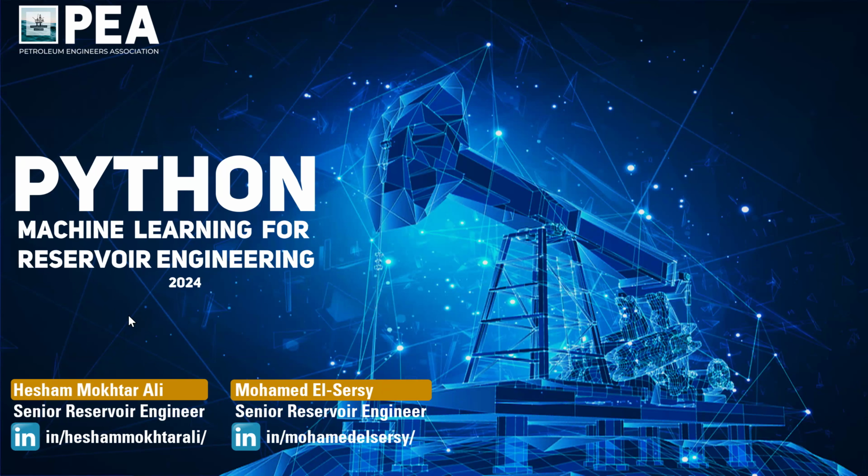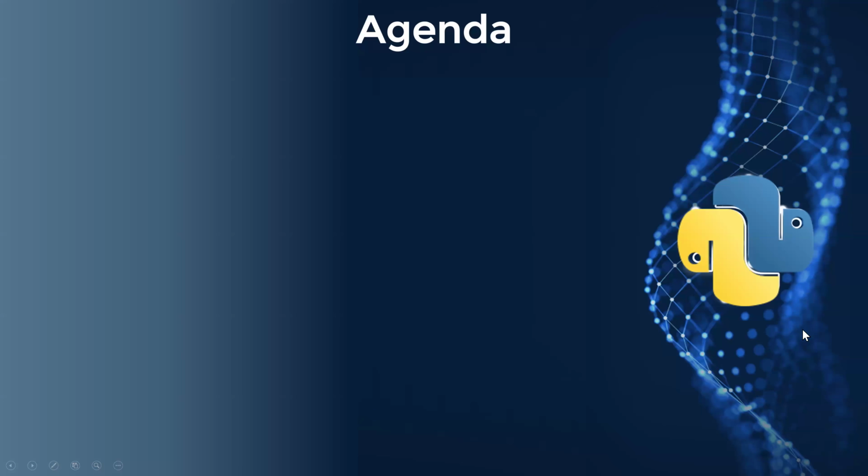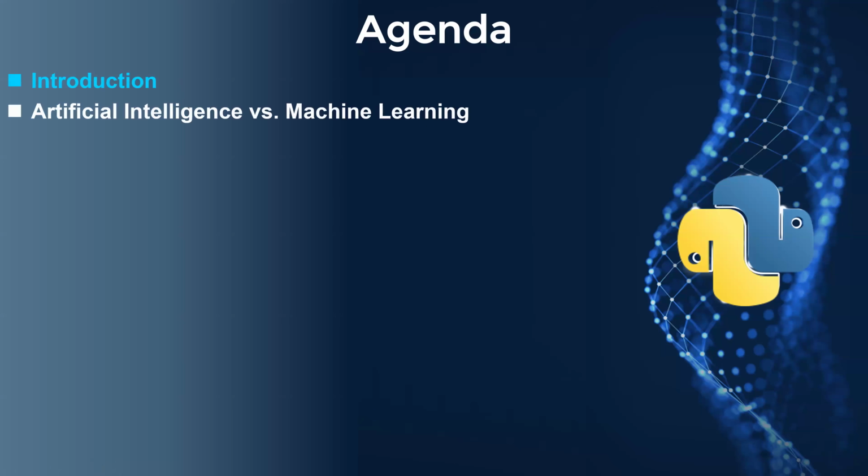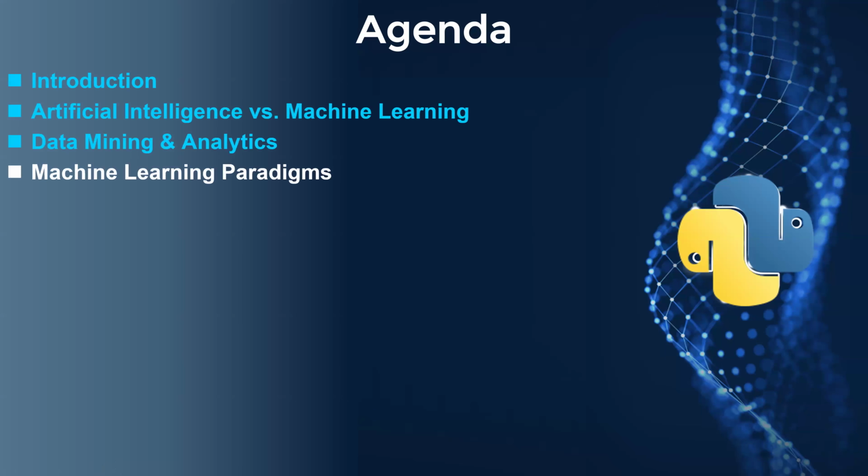Starting with the agenda of this webinar: the introduction of artificial intelligence, the differences between AI, artificial intelligence, and machine learning, data mining and analytics, and the machine learning paradigms and types.